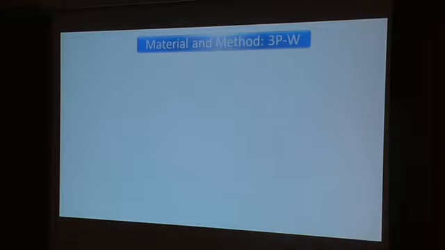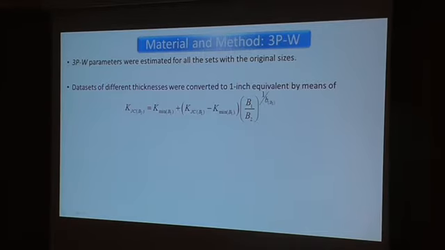In the second method, a three-parameter Weibull was used, and the parameters were estimated for all the sets with the original sizes. Data sets of different thicknesses were converted to 1 inch equivalent using the normal equation of Weibull.